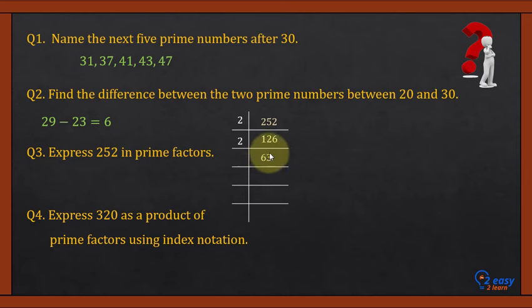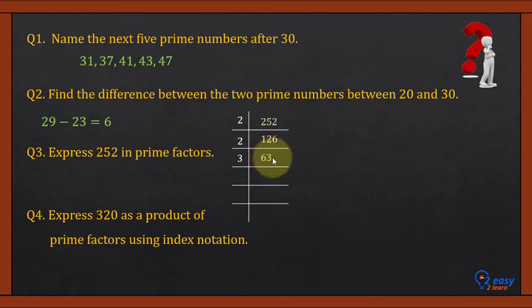The last digit is not even. Therefore, 63 is not divisible by 2. So what about 3? Can we divide by 3? 63 divided by 3? Yes, but there is also a test of divisibility for 3. If we add these two digits, 6 plus 3 is 9. 9 is divisible by 3.